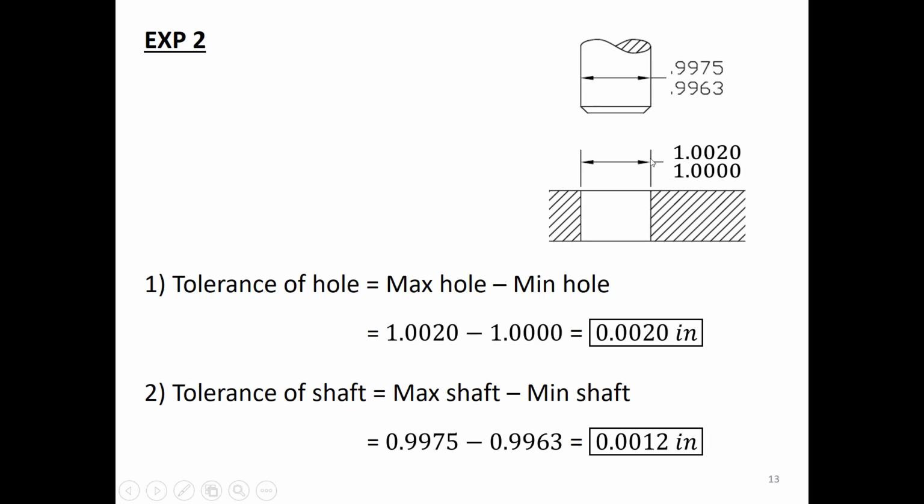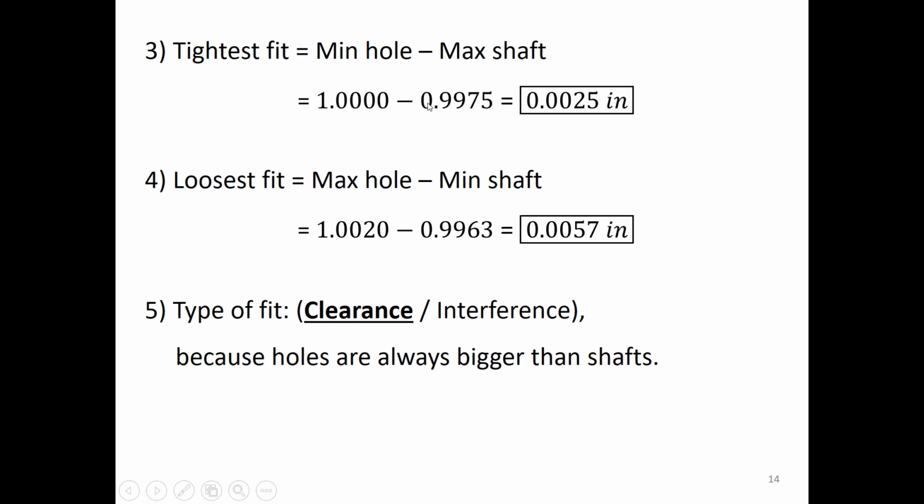The smallest hole dimension is 1, and the largest shaft is 0.9975. So you use 1 subtract 0.9975. This is the tightest fit.